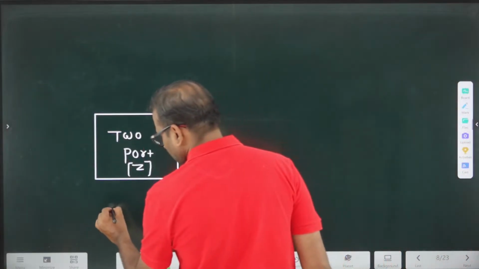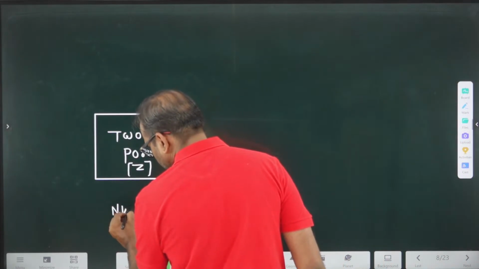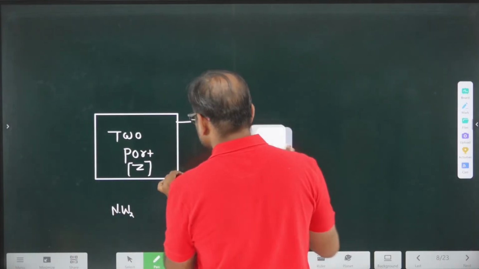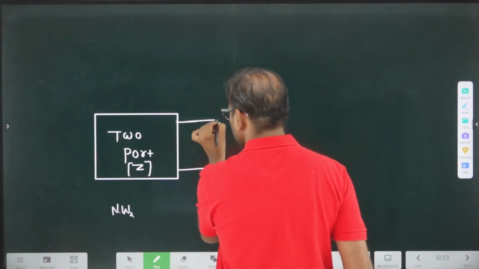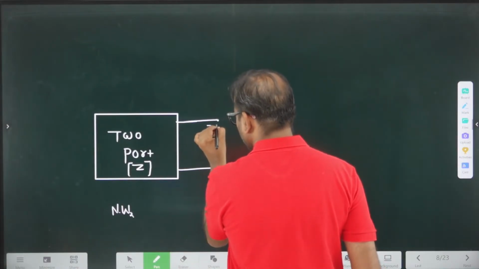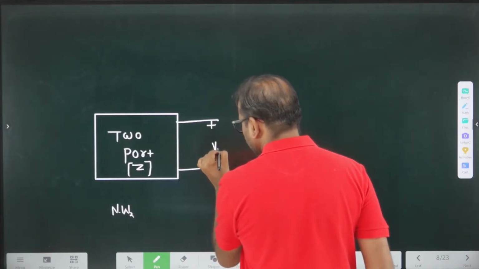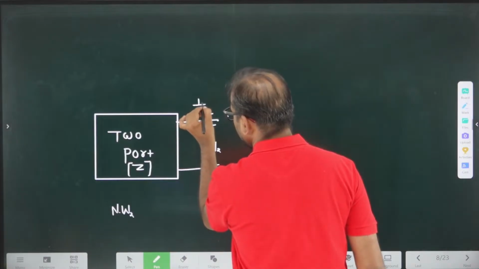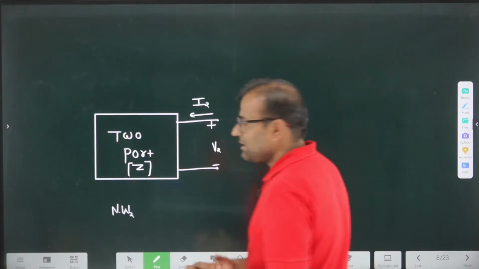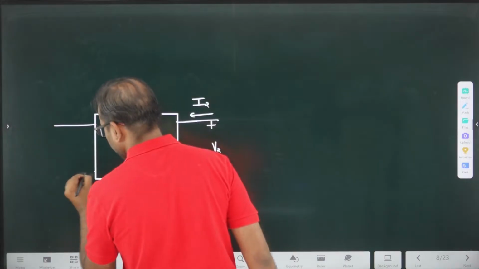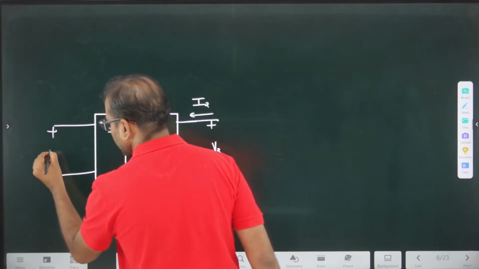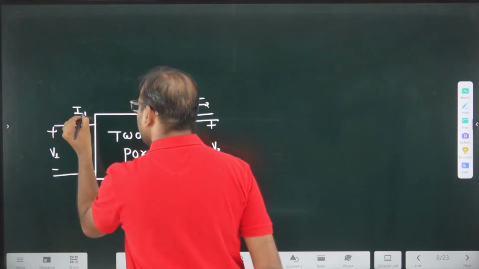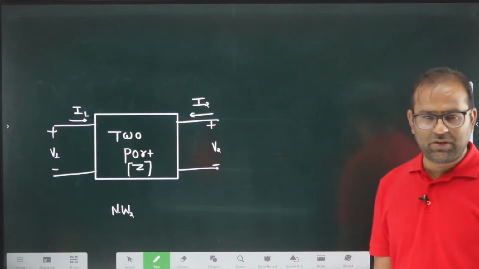This is network number 2. So if I call this voltage V2, this current I2, this voltage V1, this current I1, I want an equivalent two port parameter representation of this network.